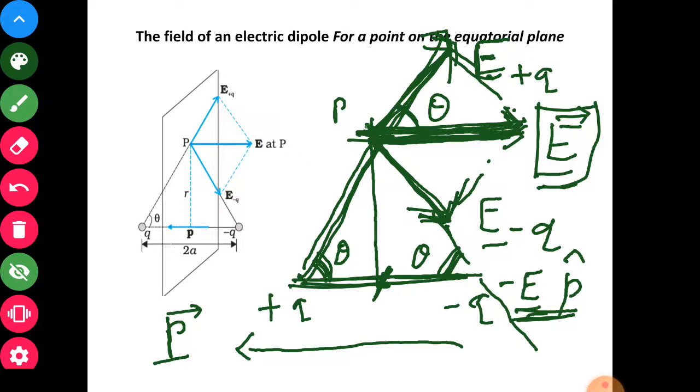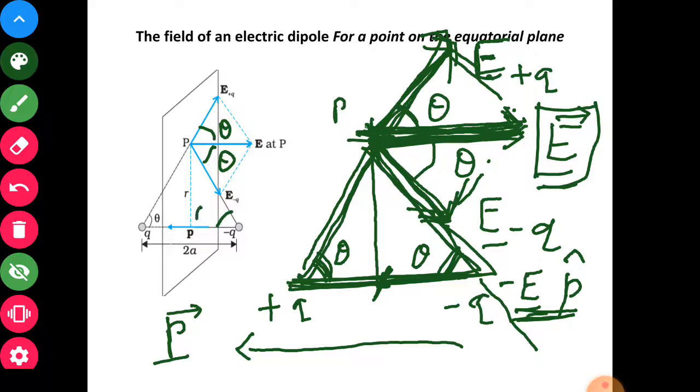Now try to understand this. Here is the alternate angle, showing a Z shape, so this angle will also be theta. This is your theta, and this angle will also be theta.